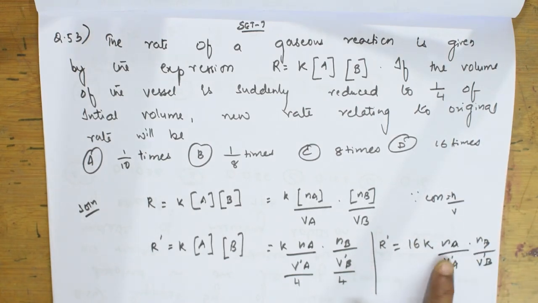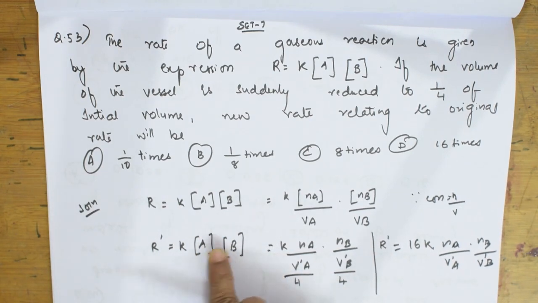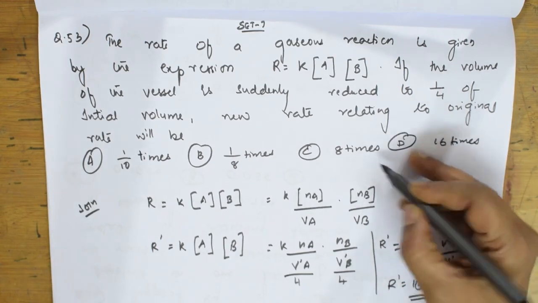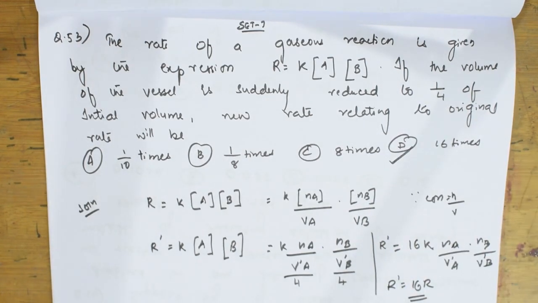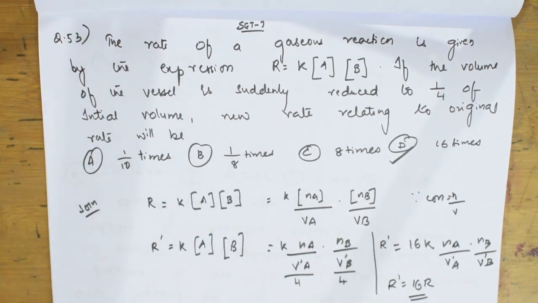Basically it is nothing but R, the initial expression. So R dash is equal to 16 times R. So the answer is 16 times. Hope this is clear, students. K into A into B is what? R. So I have taken that directly.